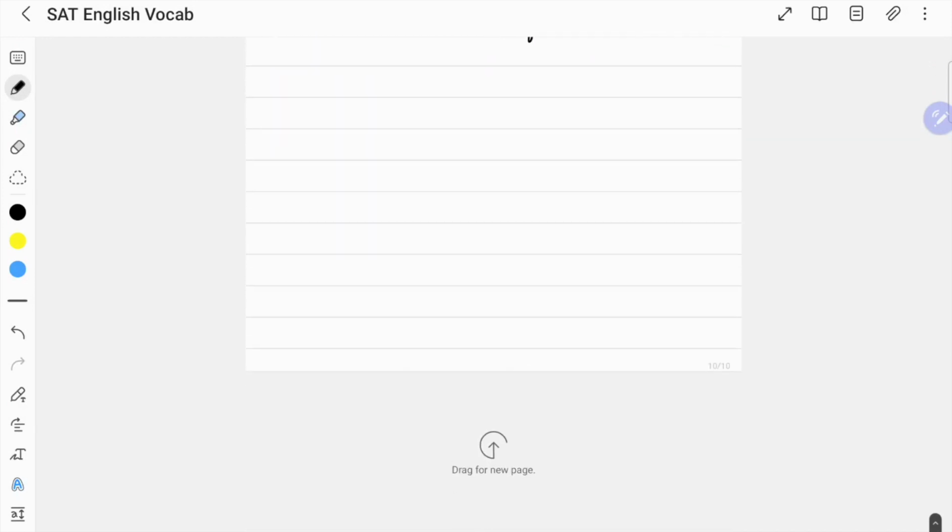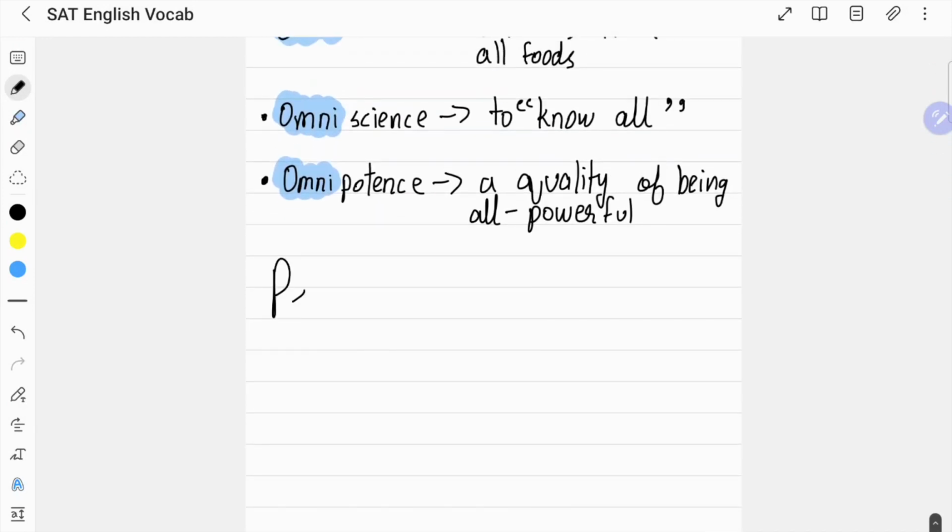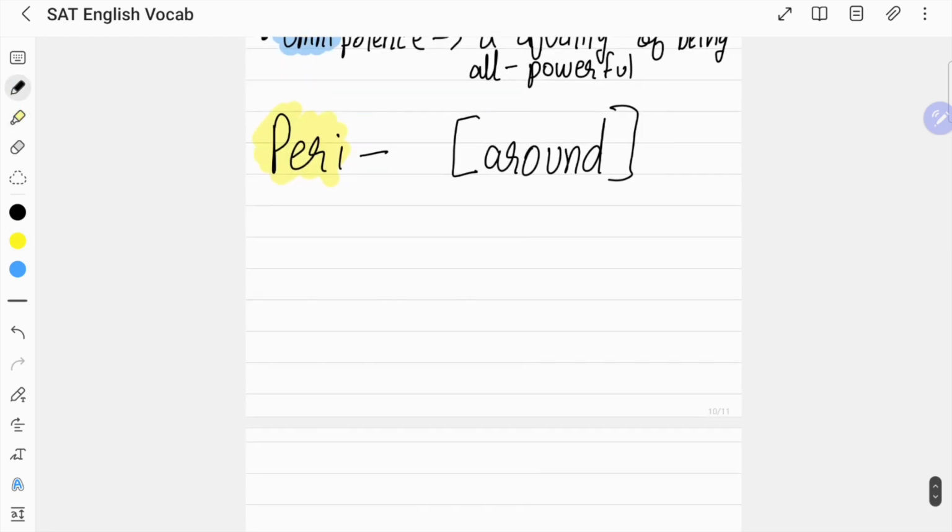So the next root word we have is peri, which means around. Alright, the word peri. We can use the word perimeter, which basically means the length around an object.